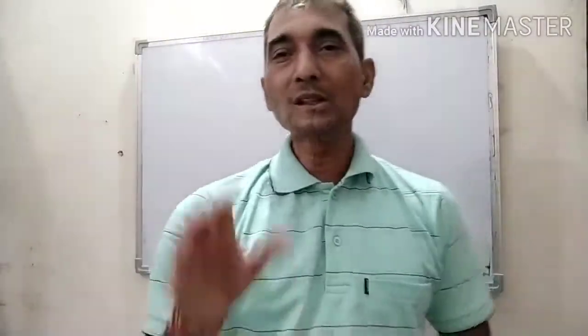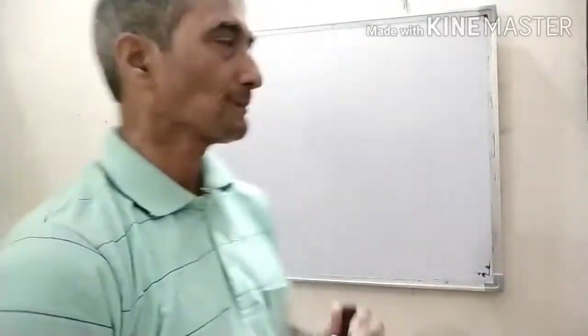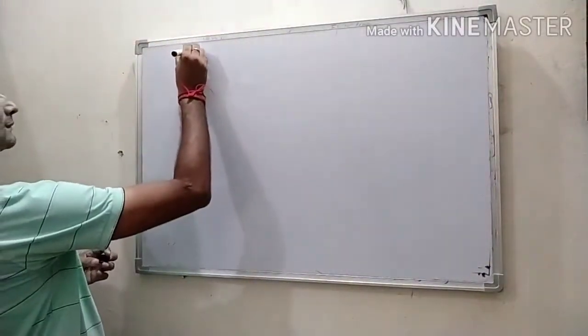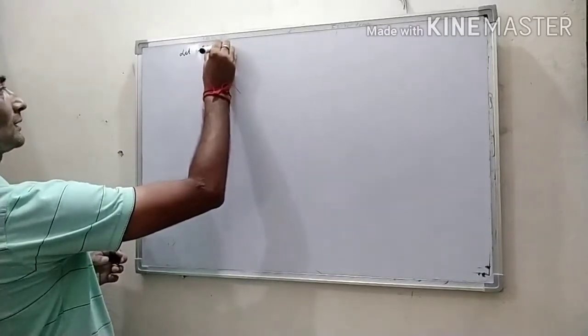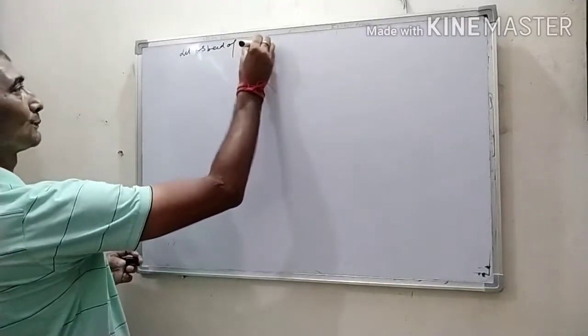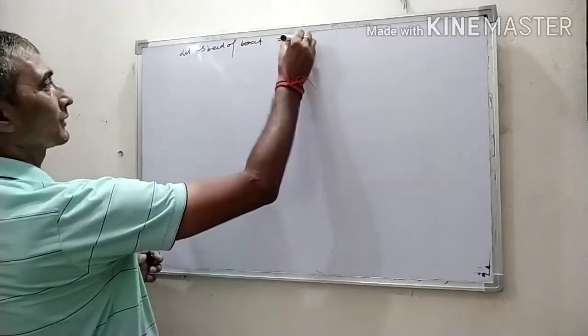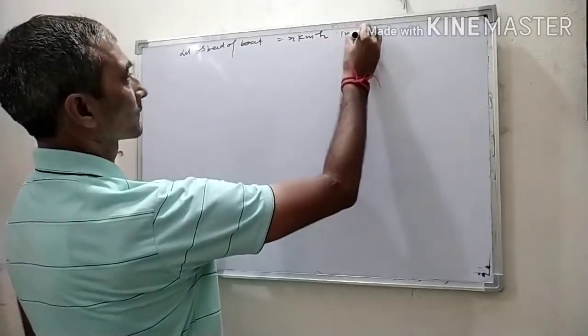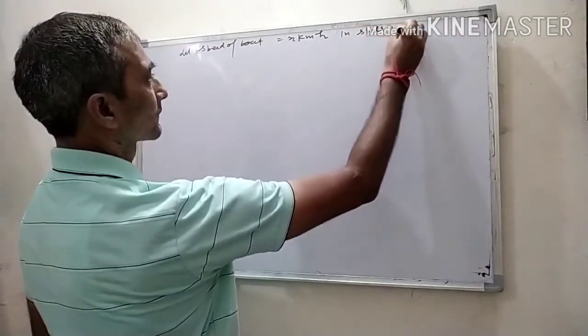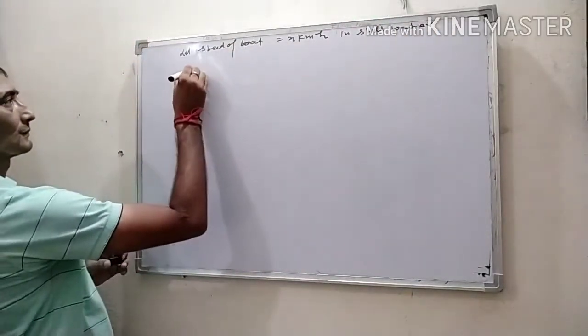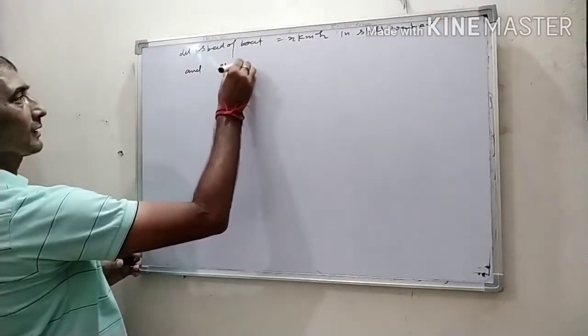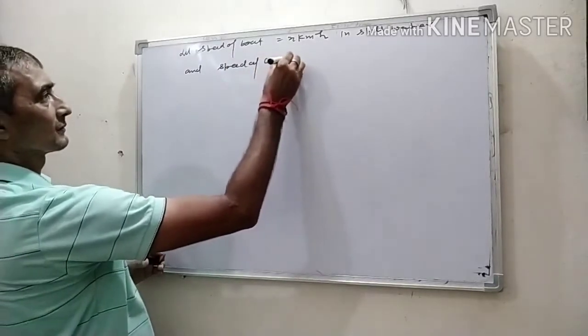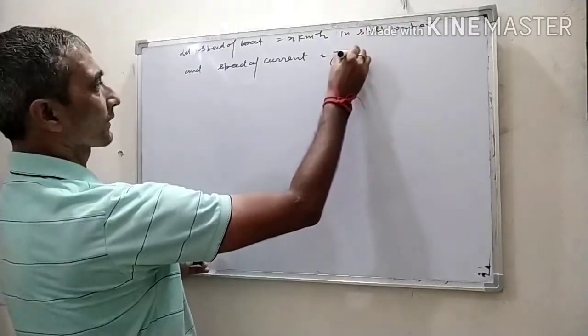First we consider speed of boat and speed of stream or current. Let speed of boat equal to x km per hour in still water and speed of current equal to y km per hour.